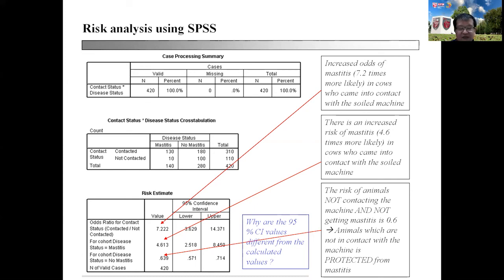On the other hand, 0.639 is also significant because it ranges from 0.571 to 0.714, and it does not encompass 1. So at any point, if the value encompasses 1, then that particular risk estimate or odds estimate will be null and void. Null and void meaning that there's no change in terms of risk or odds, depending on whatever you're calculating.